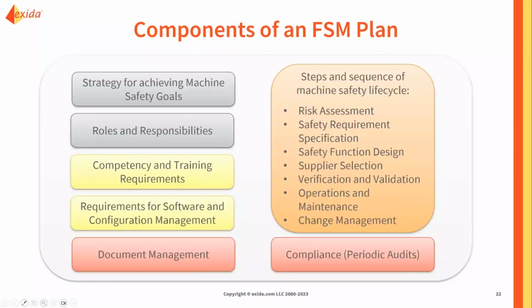Within that top-level plan, we can think, like we talked about, identifying those top-level strategies, identifying the roles and responsibilities, making sure that the competency and training requirements are documented, how software and configuration is managed over time, identifying all of the specific lifecycle steps that will be followed, and then lastly, how the documents are managed, where things are actually stored, how do we enforce the policy, when we do periodic audits, are they working well, are they being followed?